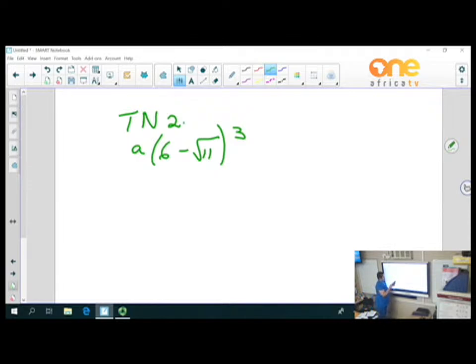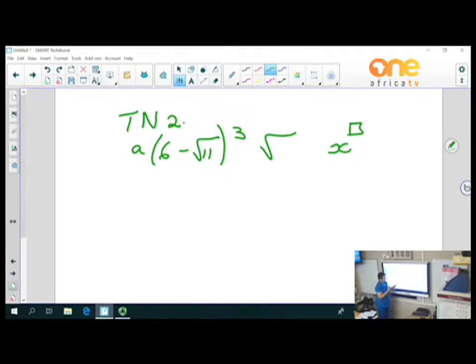And we will say brackets 6 minus the square root. Look for this button there, the square root of 11. Close the bracket. And this is then to the power of 3. Now there's this button, the one that you're going to use: x to the power of 3.